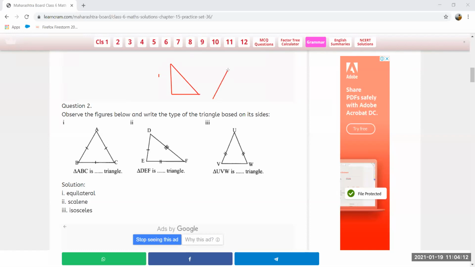Give me response. First of all, I'll draw the triangle and then I'll ask you one question.